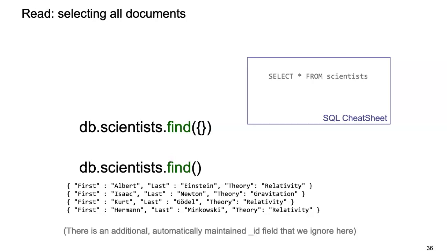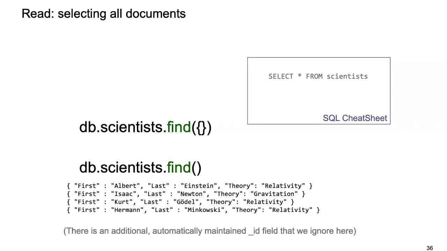Now, let me start with one. So assume that I have a collection of JSON documents called scientists. In my shell, I'm going to type db.scientists.find, and then I can put an empty object, or I can even put nothing. That is going to return the entire collection. And then on my screen, it will not show all of them, of course, maybe the first 10 or the first 100, just telling you, okay, there's more, and that's it.